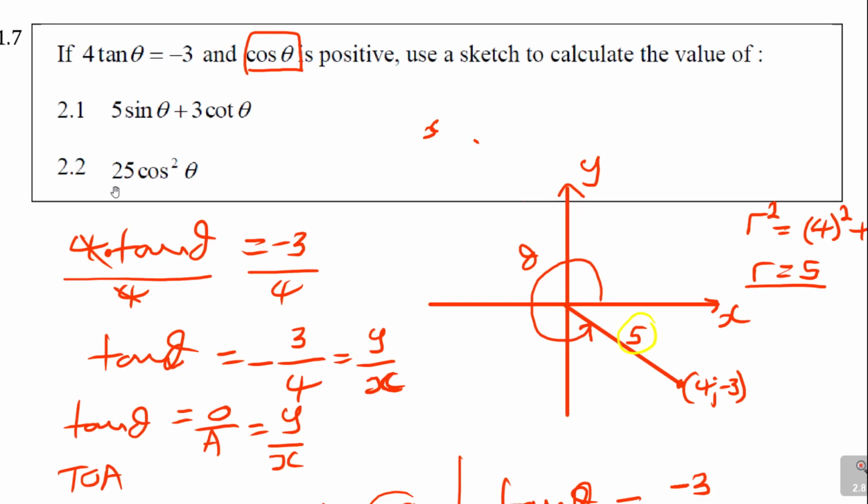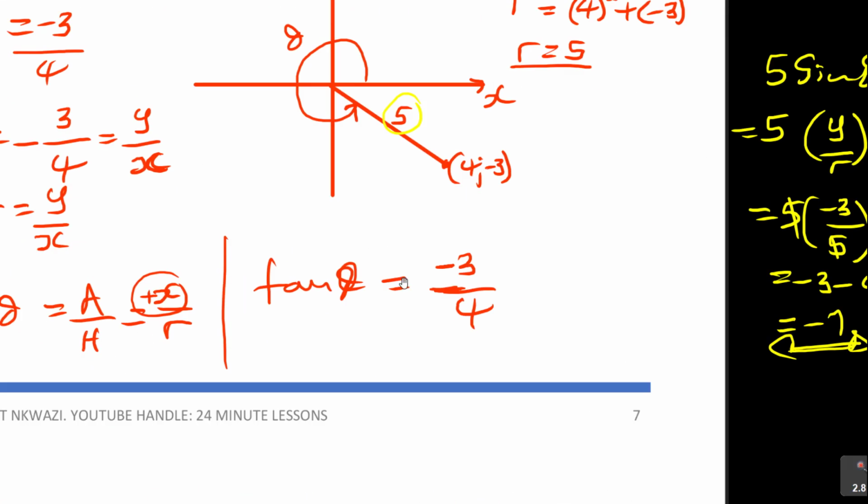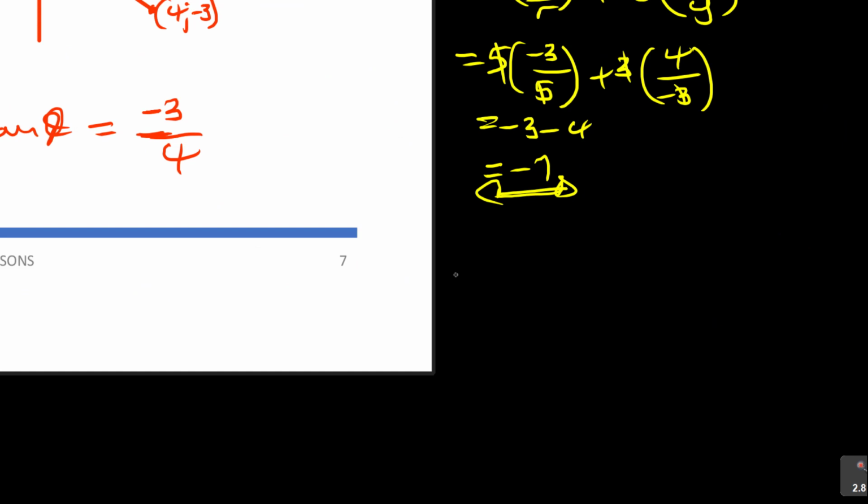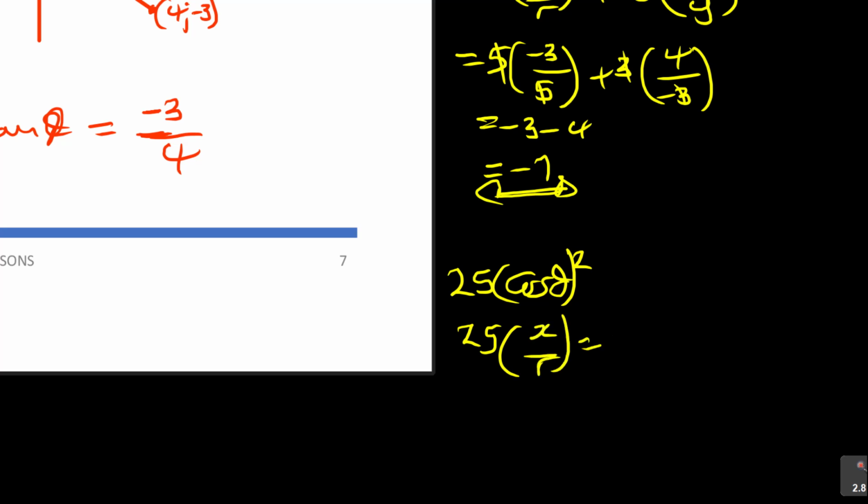The last one is 25 cos squared theta. How do you find 25 cos squared theta? That's how I told you, right? 25 cos theta squared. Now cos, it's what? It's x over r, adjacent over hypotenuse. x was what? 4, over r is 5, squared.